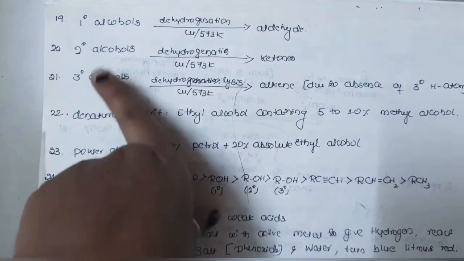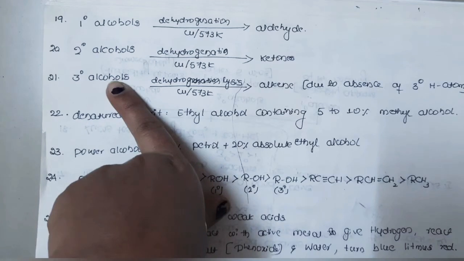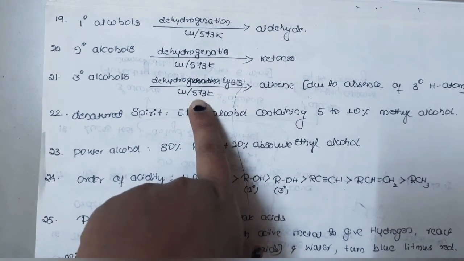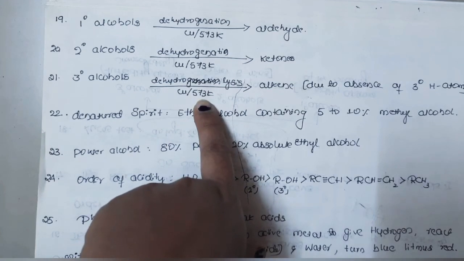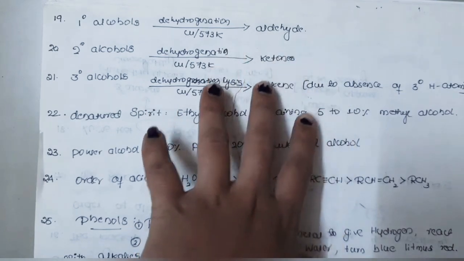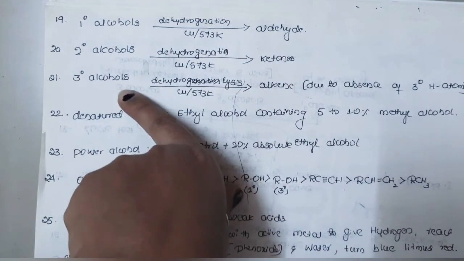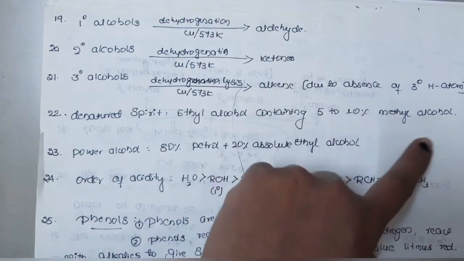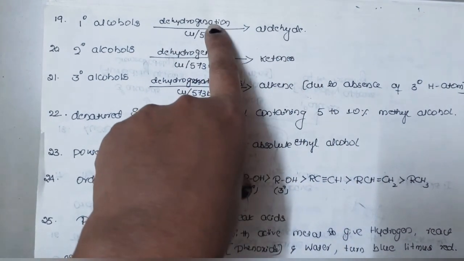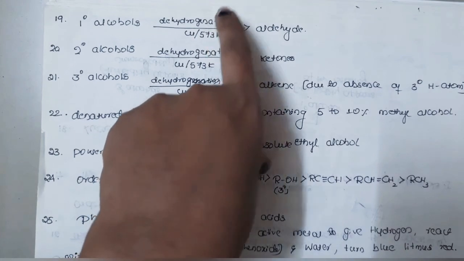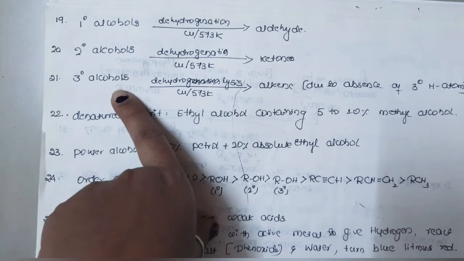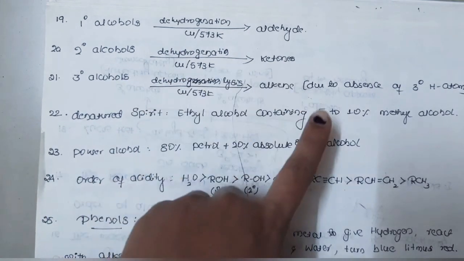But if I take a tertiary alcohol and treat it with copper or silver at this temperature, we cannot expect dehydrogenation, because in tertiary alcohol there is an absence of a hydrogen on the carbon bearing OH, whereas secondary and primary alcohols have such hydrogens, so dehydrogenation takes place.